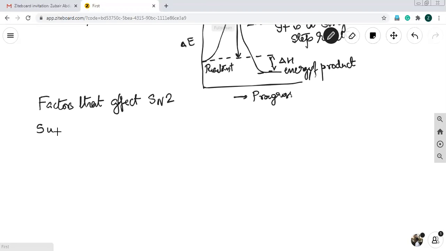Number one, substrate. In the case of substrate, primary alkyl halide reacts faster than secondary and tertiary.